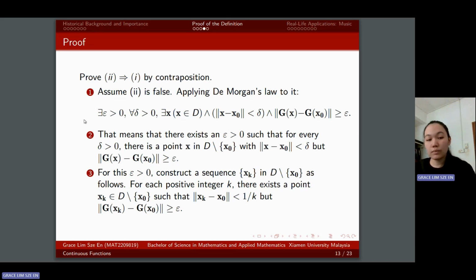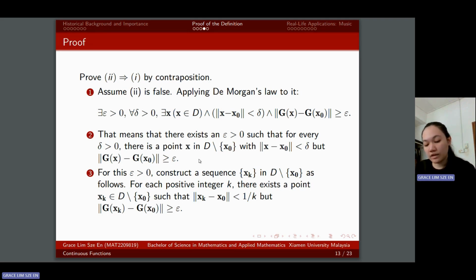And so for point 3, what we can do is construct a sequence x_k in D slash x naught as follows. For each positive integer k, there exists a point x_k in D slash x naught such that |x_k minus x naught| is less than 1 over k, but |g(x_k) minus g(x naught)| is bigger than or equal to epsilon.